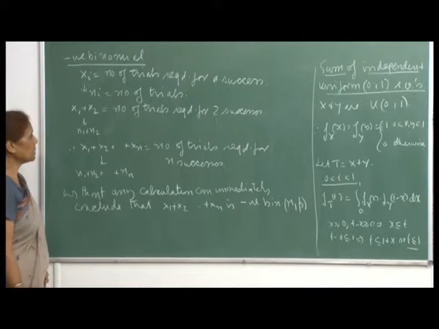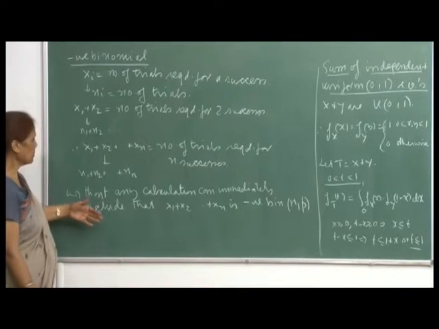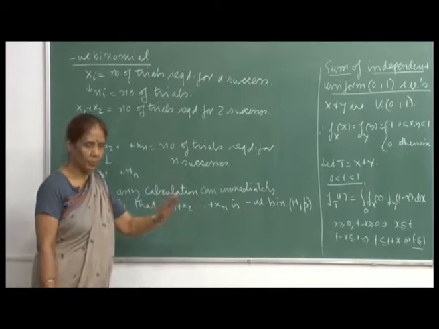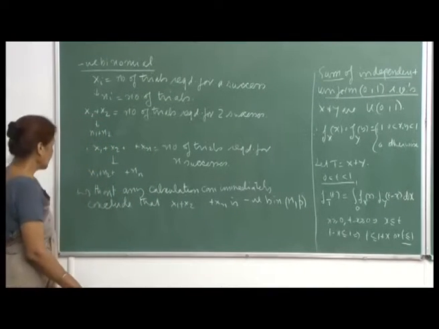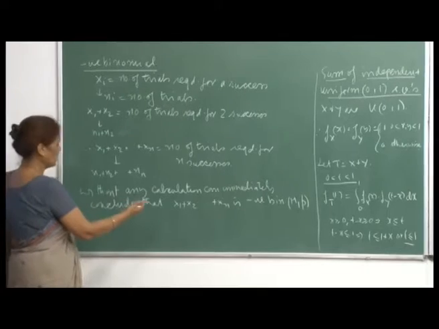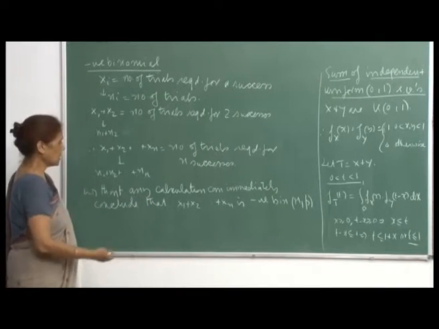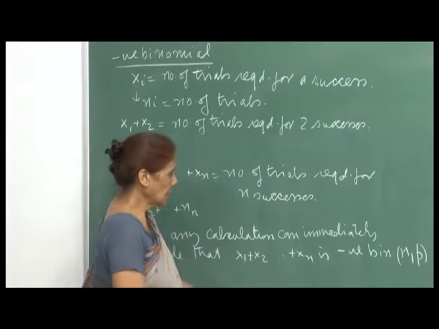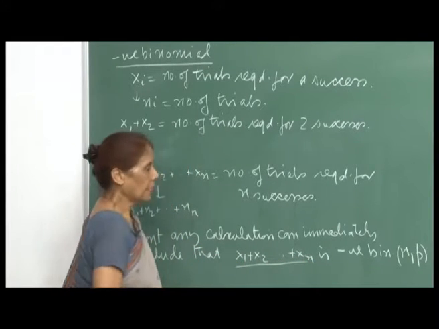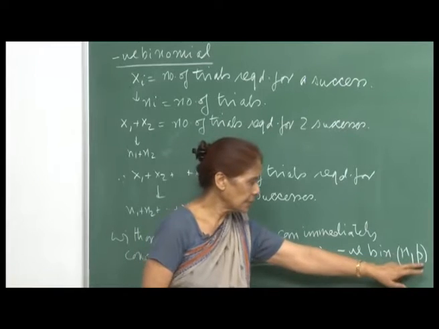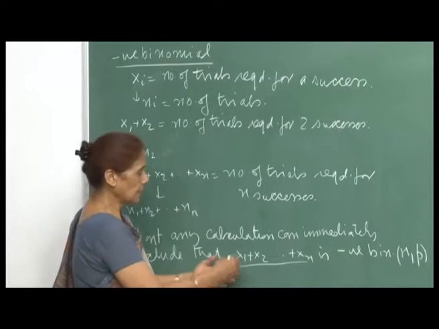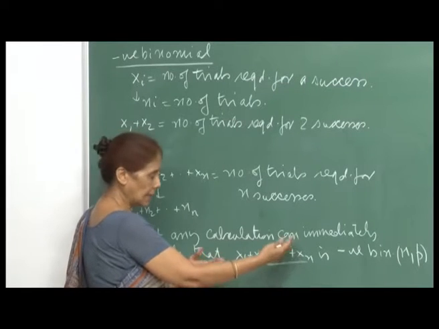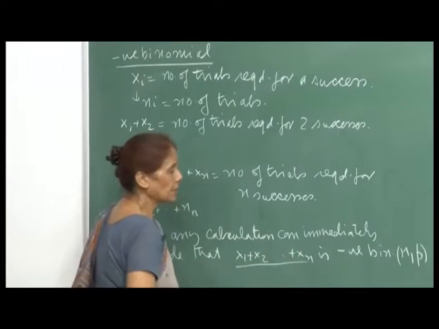Now, the next part was that without any calculation you can also conclude this. This was just to show you how you would apply convolution. Here, just by description, when you say x1 plus x2 plus up to xn, you are asking for n successes, and your probability of success is p. Therefore, x1 plus x2 plus up to xn gives you the number of trials required for n successes when the probability of success is p.